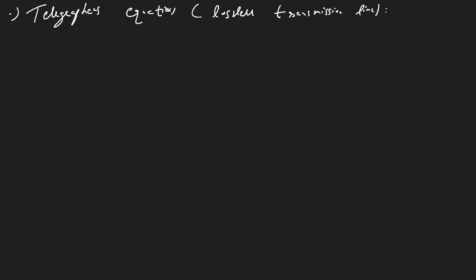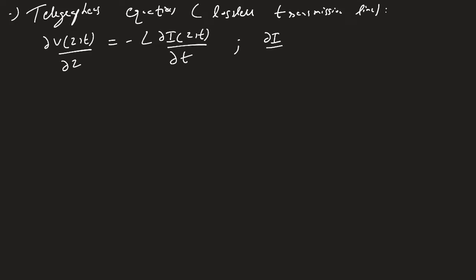So if we write our original Telegrapher's equations, it was partial V of z,t by partial z equal to minus L partial I of z,t by partial t. And the second equation was that partial I by partial z is equal to minus C partial V of z,t by partial t.